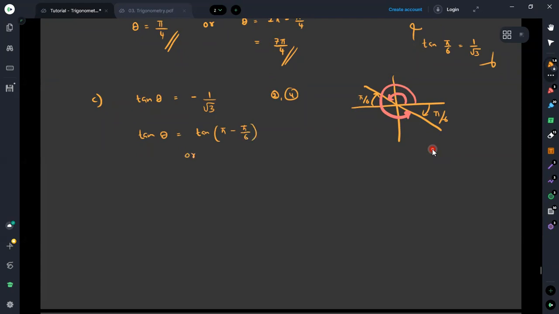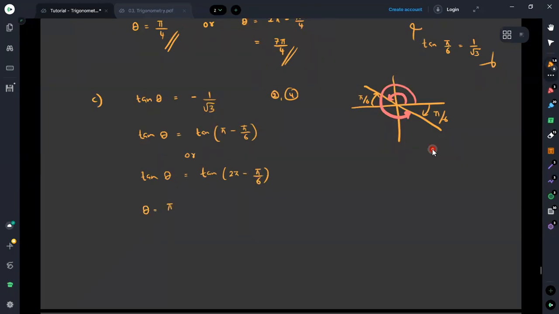Or we can have tan theta equal to tan of 2 pi, where we need to subtract pi over 6 from 2 pi, since we need to take this angle. Then we can have two values.